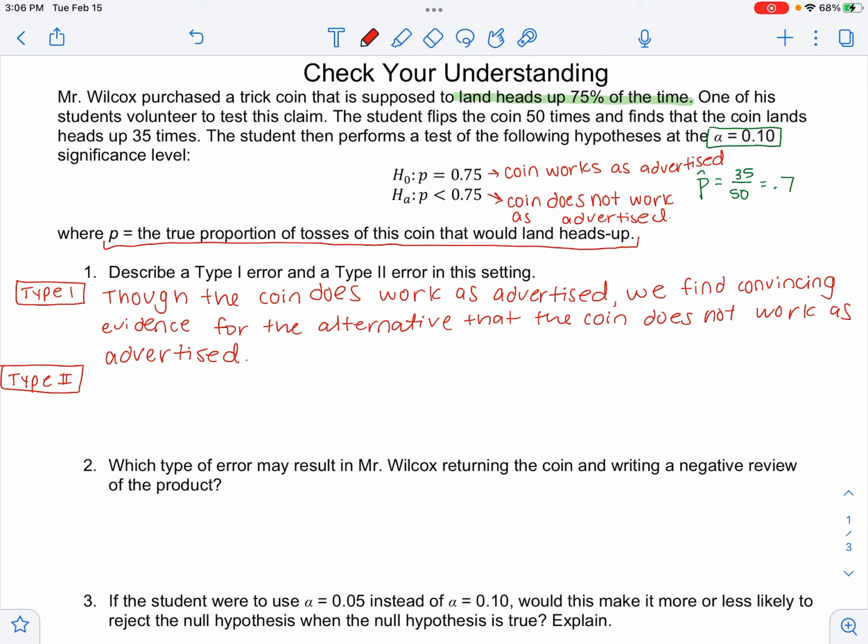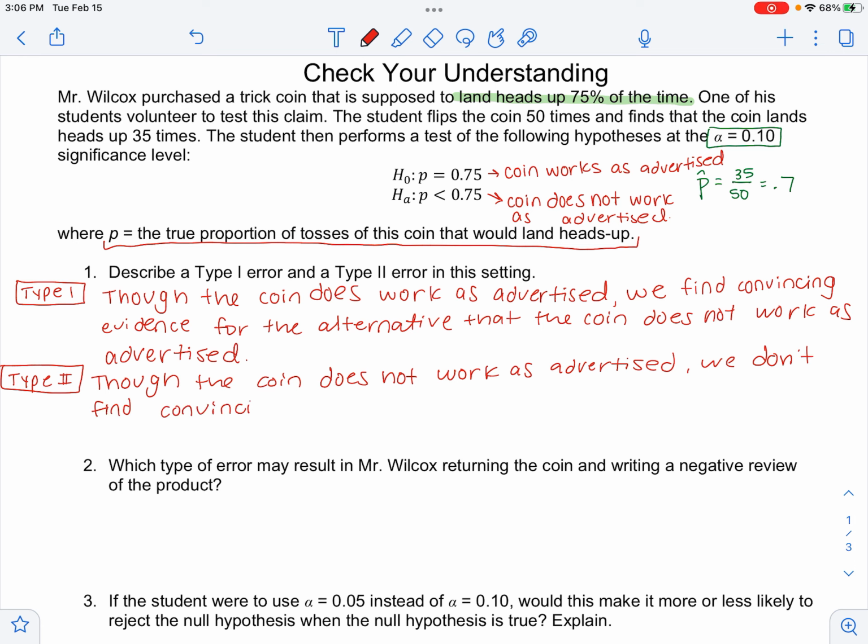So we're going to say, though the coin does not work as advertised, we don't find convincing evidence that it lands heads up less than 75% of the time.